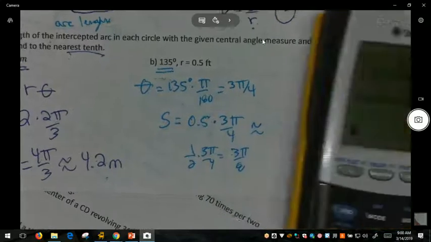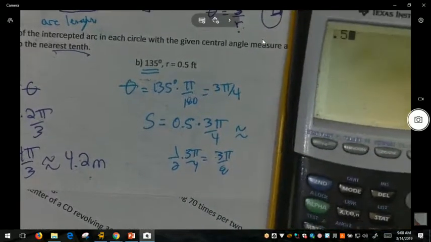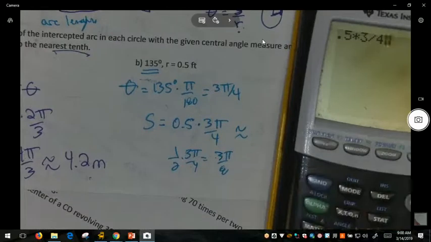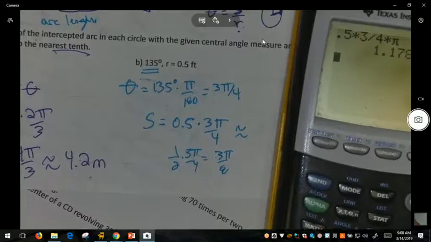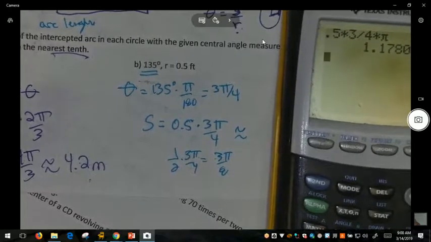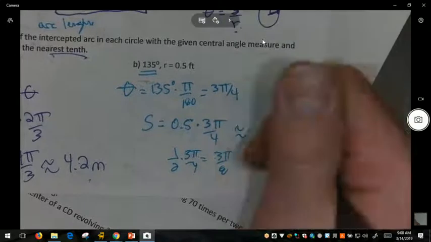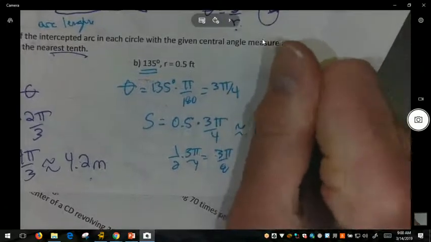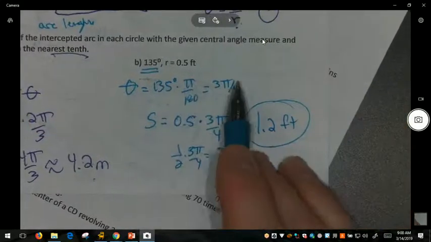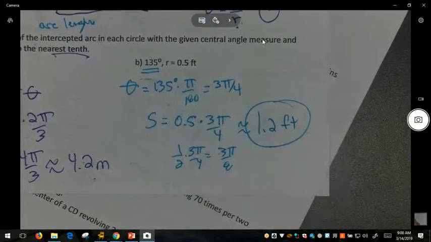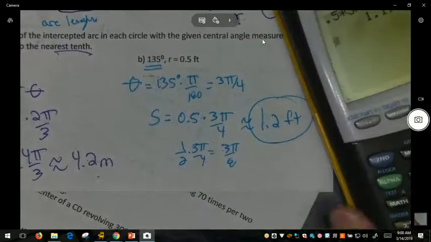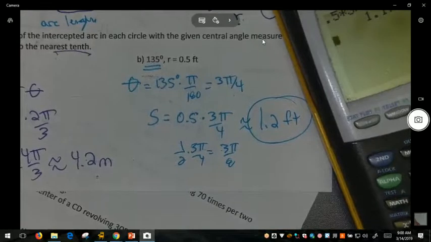But we were told to just round to the nearest tenth, so I would just put it in my calculator at once. 0.5 times 3/4 times pi, or times 3 pi over 4, however you want to do it, is 1.17, which would be 1.2 feet for the arc length for 3/4 of that circle if the radius is 0.5. All right, 3/4 pi, not 3/4.